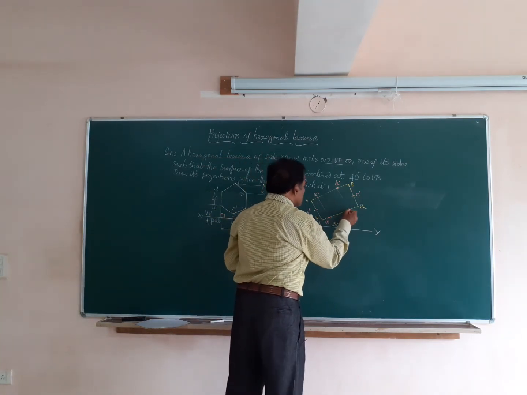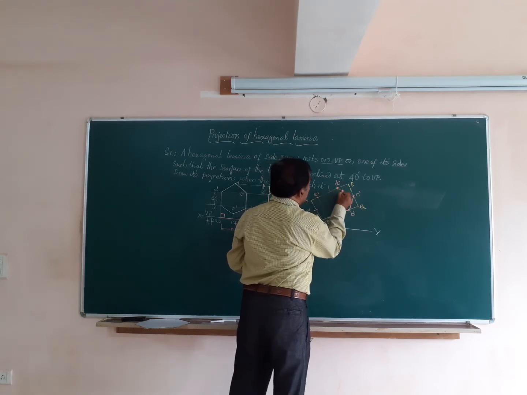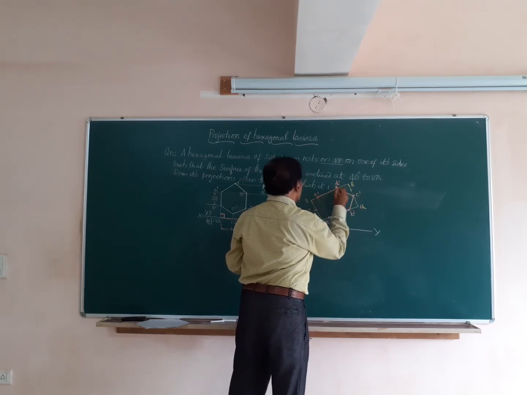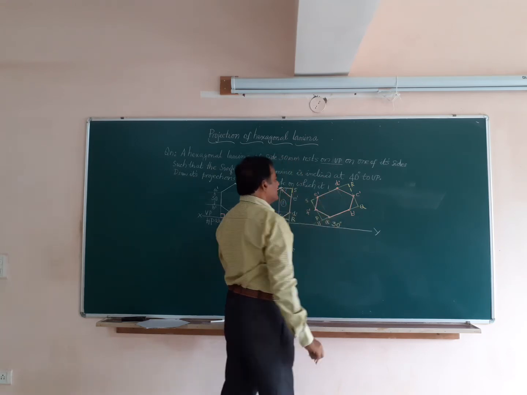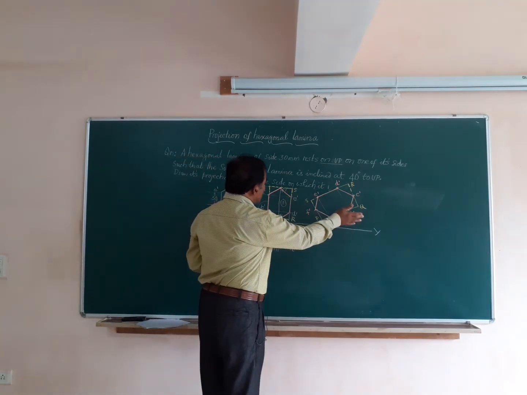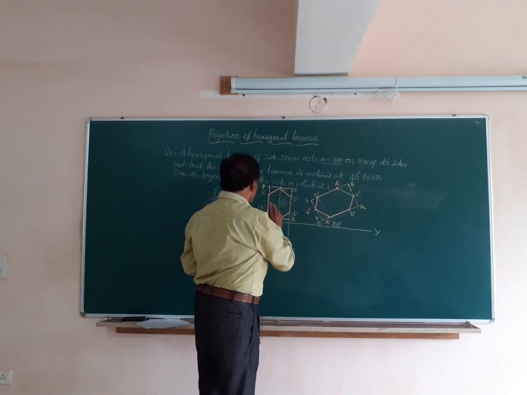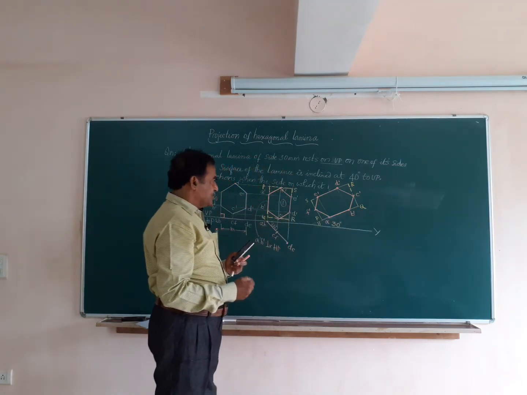So, I will join A to B, B to C, C to D, D to E, E to F and F to A. Friends, you remember whatever the figure we had here is redrawn with that PQ on which AB rests at an angle of 30 degrees to HP.